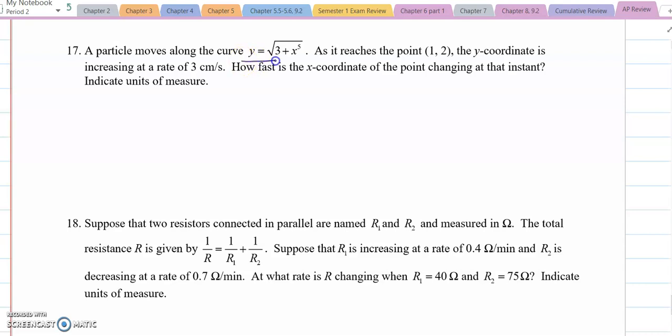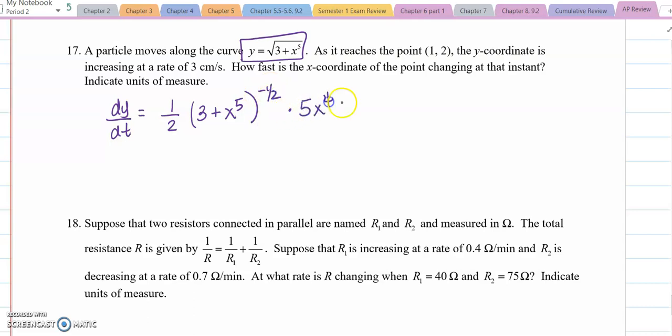So we're going to take the derivative of y with respect to time. There's a whole bunch of chain rule happening here. Multiply by the derivative of the inside, multiply by how the x value is changing with respect to time.